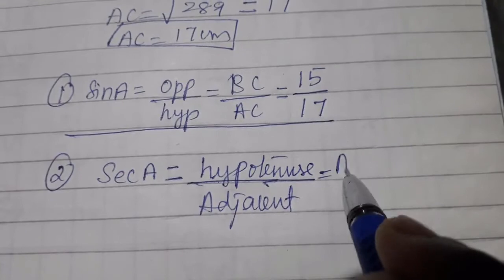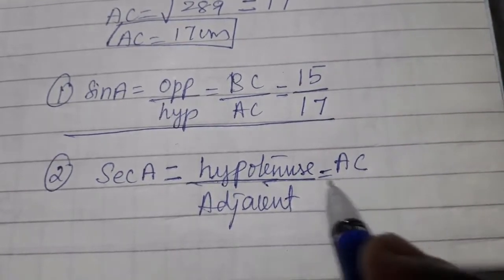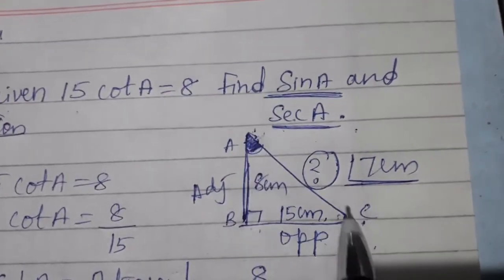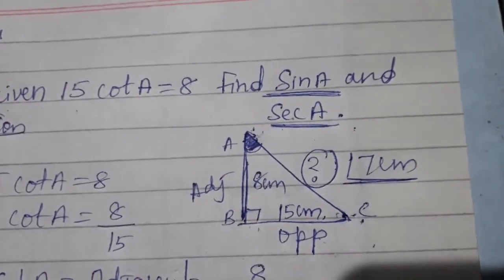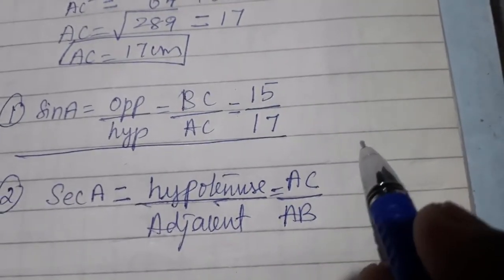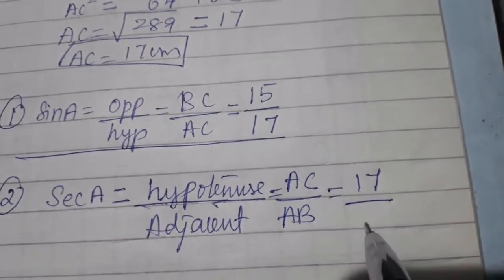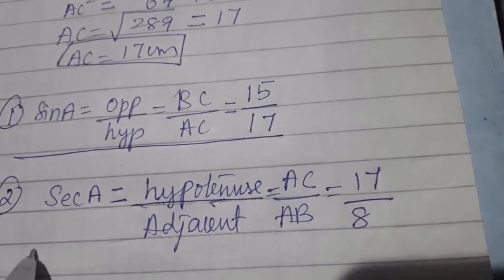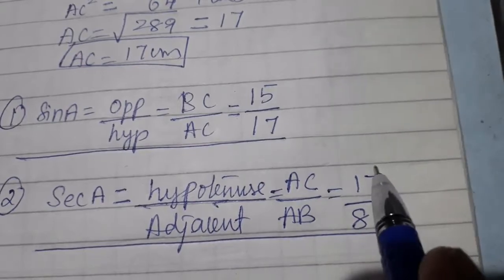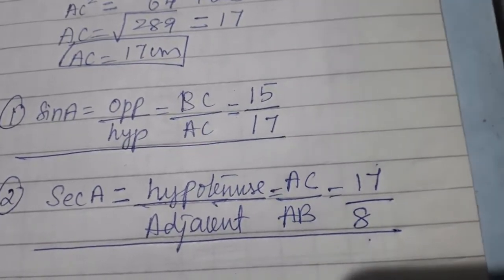What is hypotenuse? We know AC. What is adjacent? AB. Hypotenuse is AC, adjacent is AB. AC is 17 centimeters, and the adjacent side is 8 centimeters. So secant A is equal to 17 by 8.